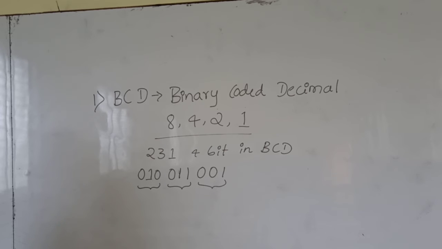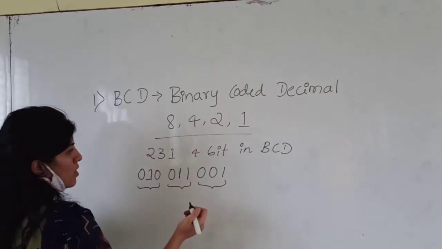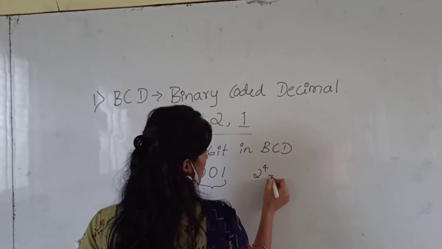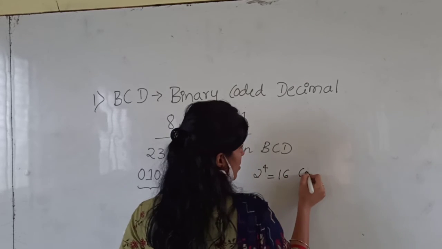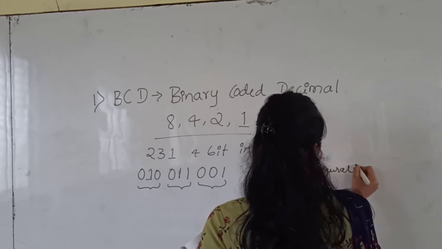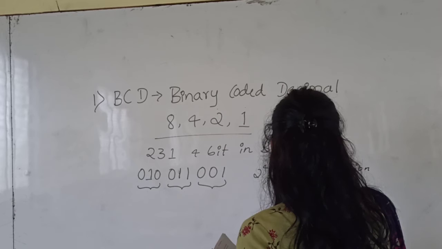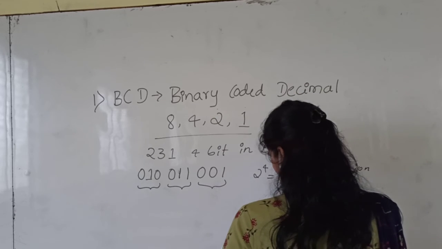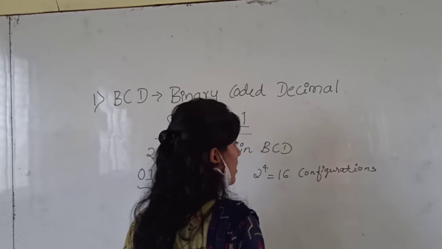And in case of BCD, if it is 4-bit, the possible values are 2 to the power 4, means a total of 16 configurations. We can write a total of 16 configurations of binary numbers.